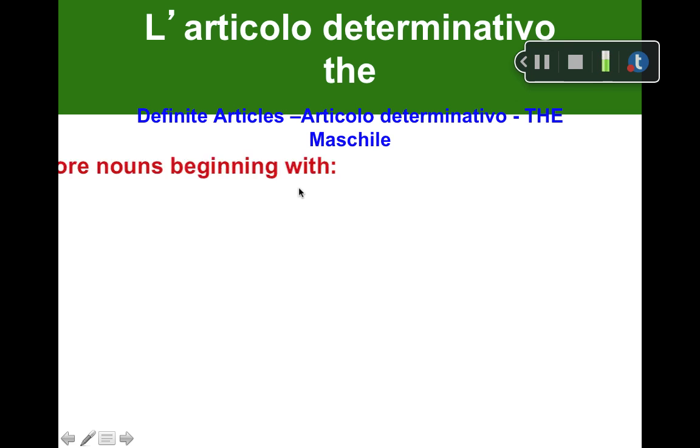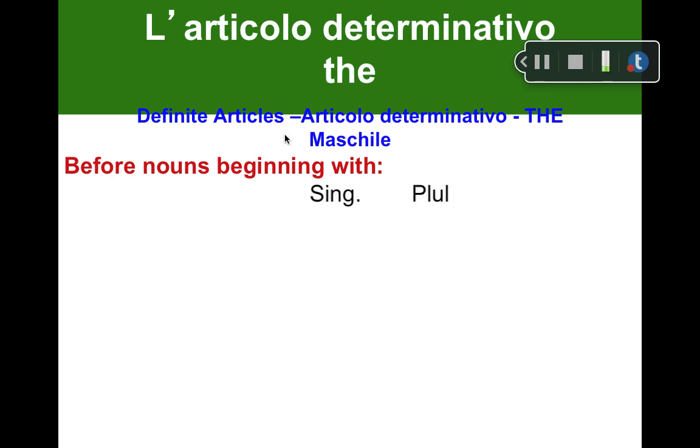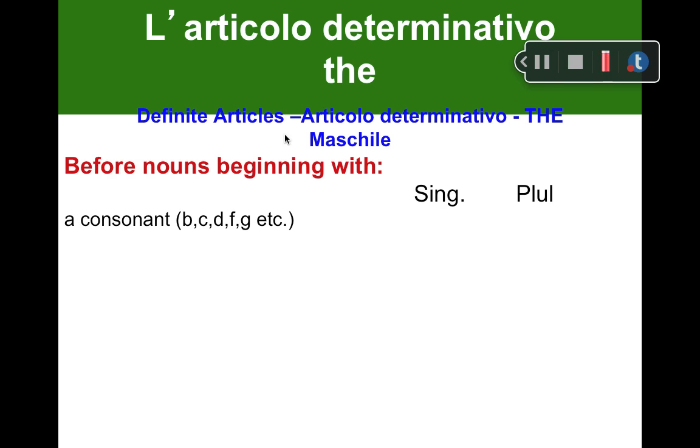In English you have only one form. Unfortunately, in Italian you aren't so lucky. Let's look at the masculine articles first. Masculine articles are divided into singular and plural.